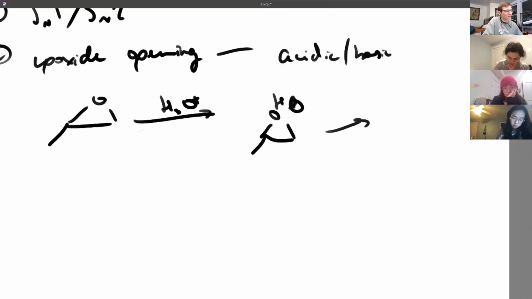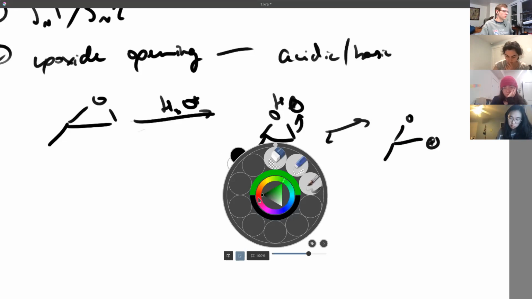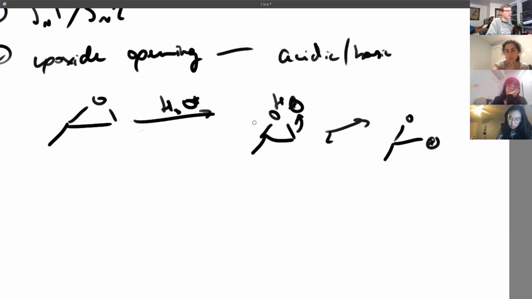Okay, and the trick is, well, this doesn't really happen, right? This is kind of fake, but what you could do is say, okay, well, what if I just remove that bond, right? Kind of like writing resonance, except you're not allowed to break single bonds in resonance, but hey, nobody's going to stop you, right? Or you could do, for example, you could also do something like this. Let me get a different color because we're in an advanced stage.